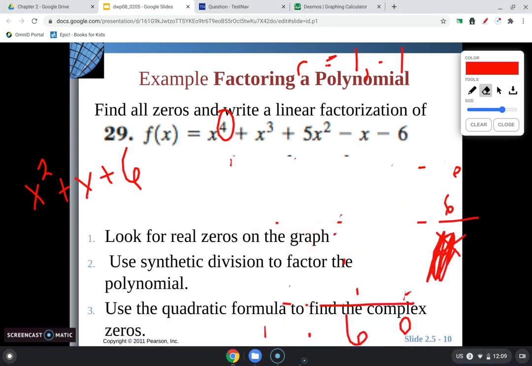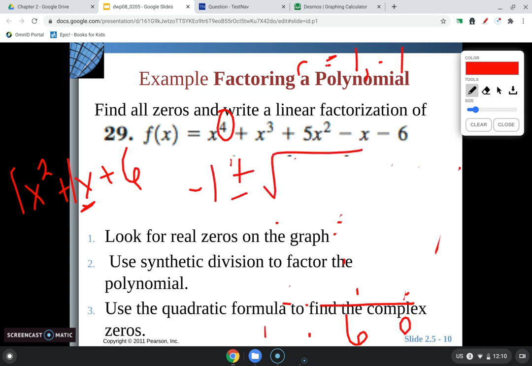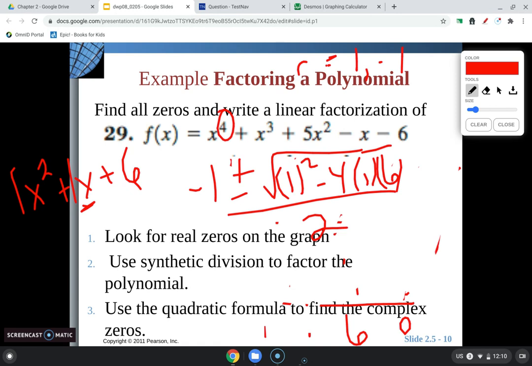Now we can do quadratic formula. We have to do quadratic formula since we have an x term here in the middle. If we didn't, we could just do it algebraically. So that's 1 and 1. So I'm going to do the opposite of b, plus and minus the square root of b squared minus 4 times a times c, all over 2 times a, which is 2.